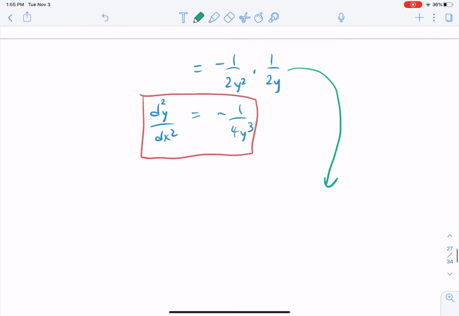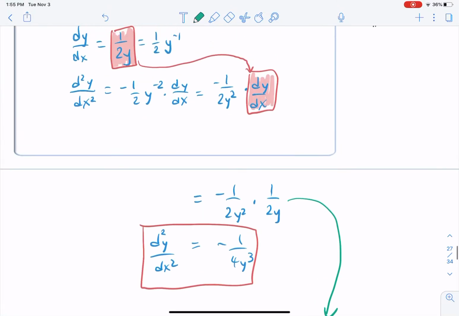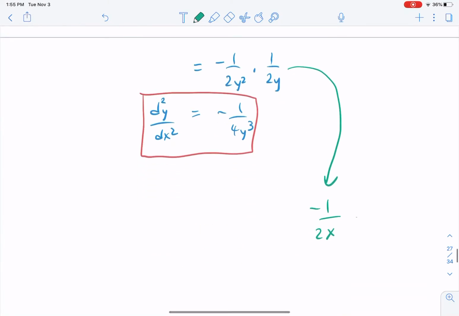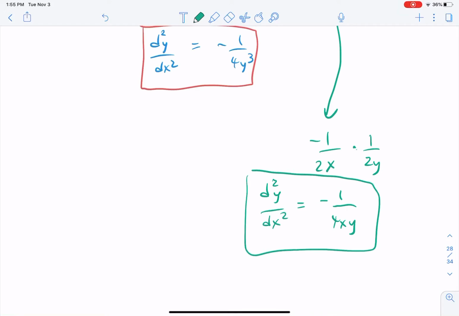I could have made this negative 1 over 2x because y squared is equal to x, and then multiply it times 1 over 2y, to get negative 1 over 4xy. So here is an alternate form of the second derivative.